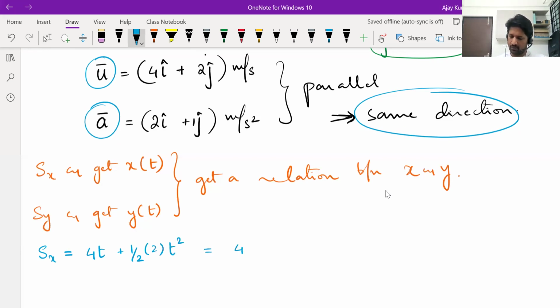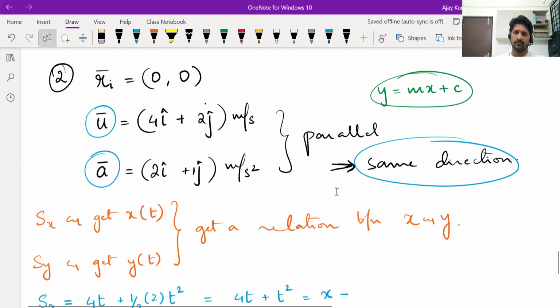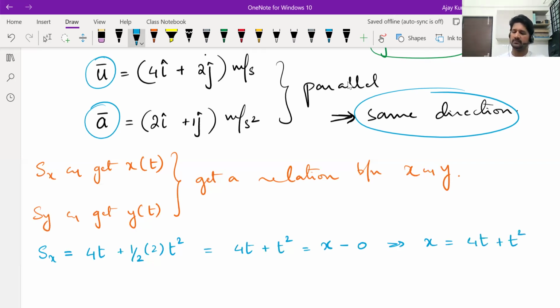So that becomes 4t plus t square, and this is displacement in the x direction. And we know displacement is change in position. So you write this as final x minus initial x. Where was the object initially according to the problem? 0. It was at the origin. So x minus 0. Therefore, you get x is equal to 4t plus t square. That is x as a function of time.